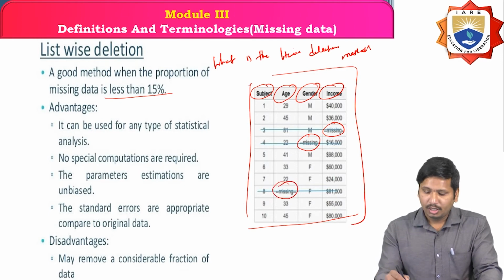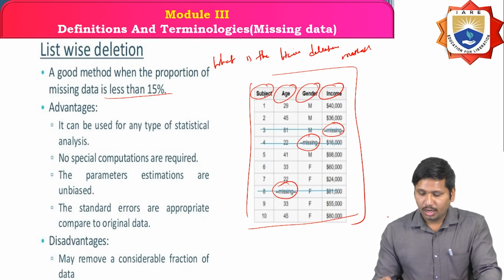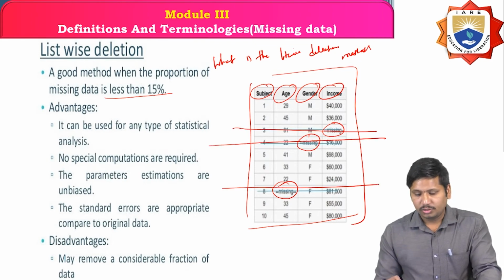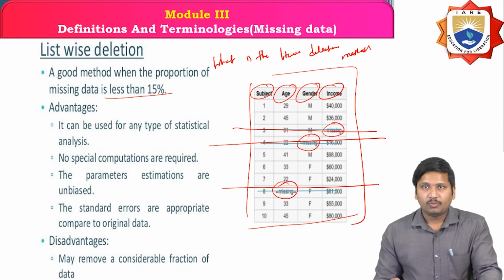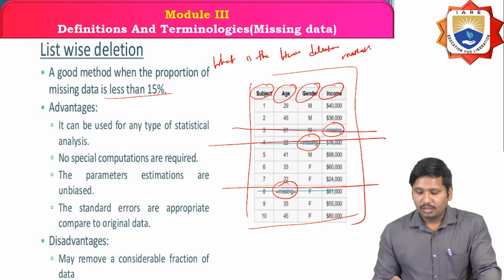So what will happen with all this missing data? According to this method, I'm going to delete these entire rows. That is the concept of list-wise deletion. Wherever the data is missing, that particular row is deleted. That we can call the list-wise deletion method.